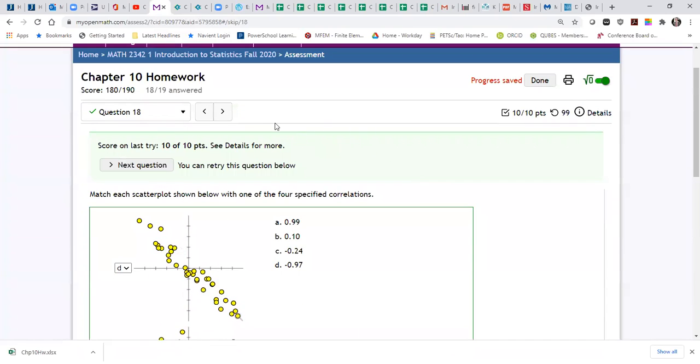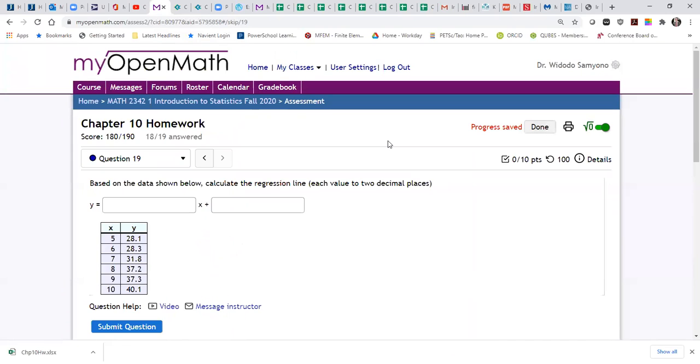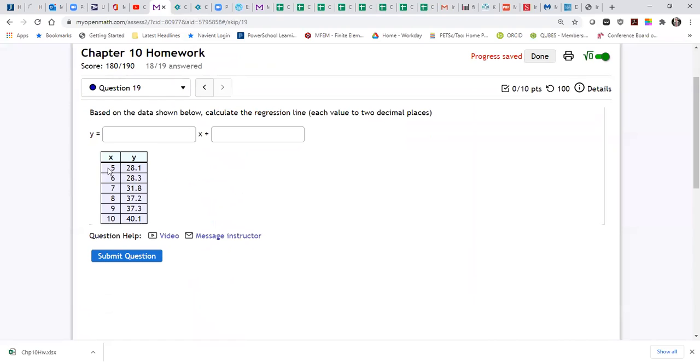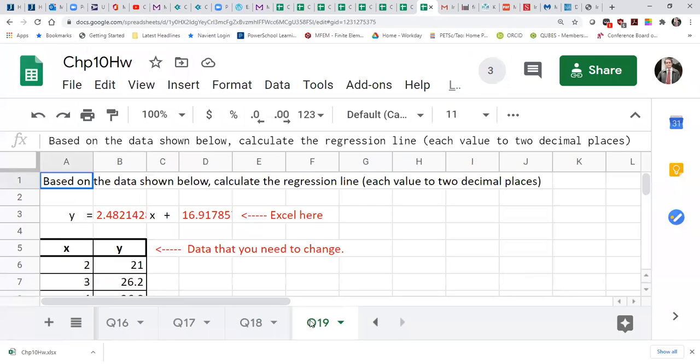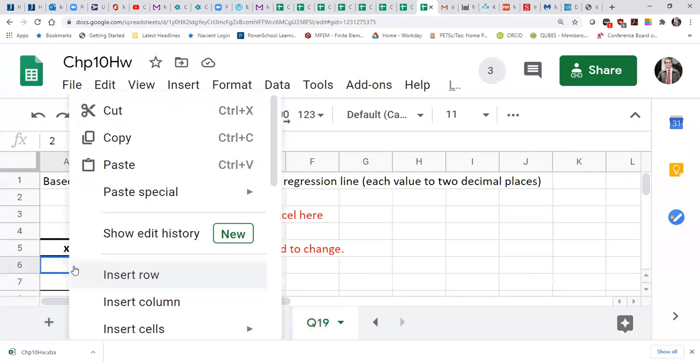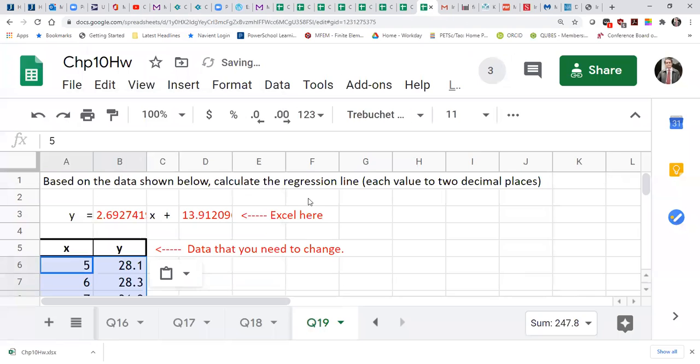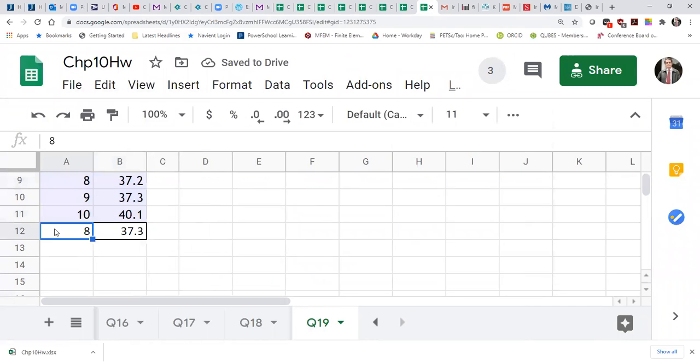Okay, and then the last number will be this one. I think we did this before, right? So just copy this, and for the last one it will be this one. Just right click, paste it, and we don't need this one.